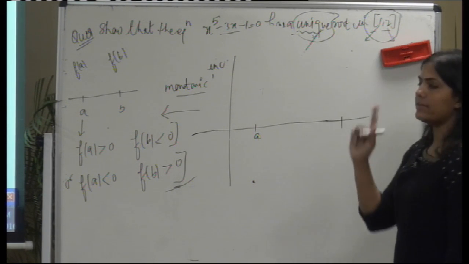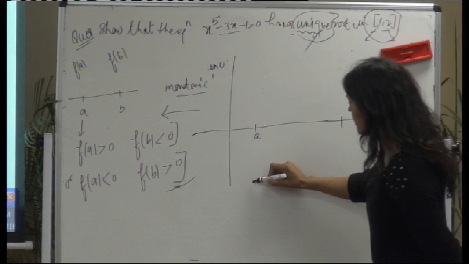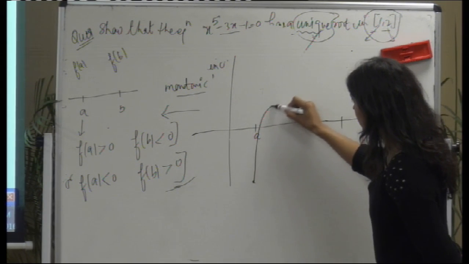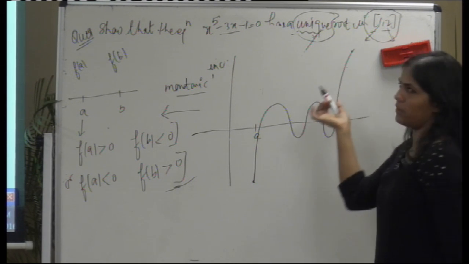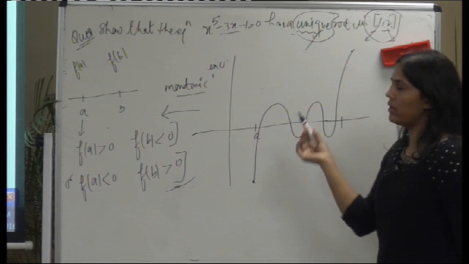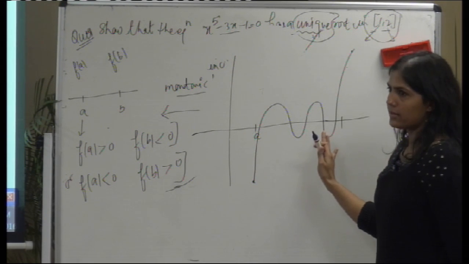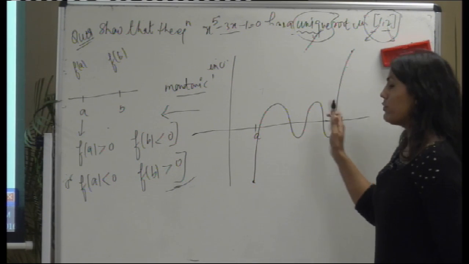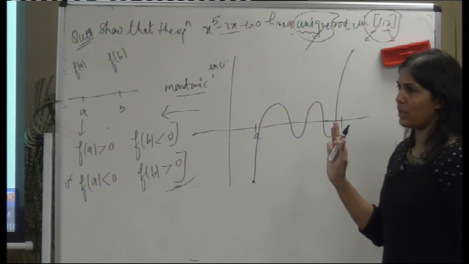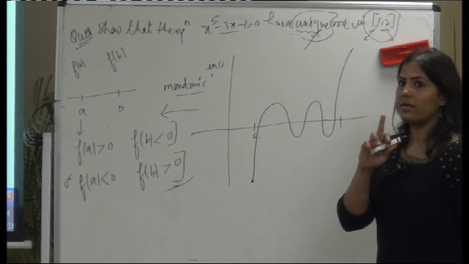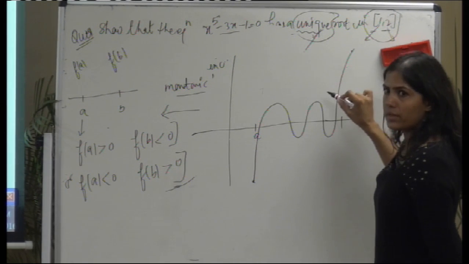I said at least once, so 100% the function could be like this. How many times does it cut? I didn't say anything about increasing or decreasing behavior. So it is cutting the x-axis at least one time. But if I take the case as strictly increasing, then 100% it will cut only once, because you can't break the monotonicity in that case.